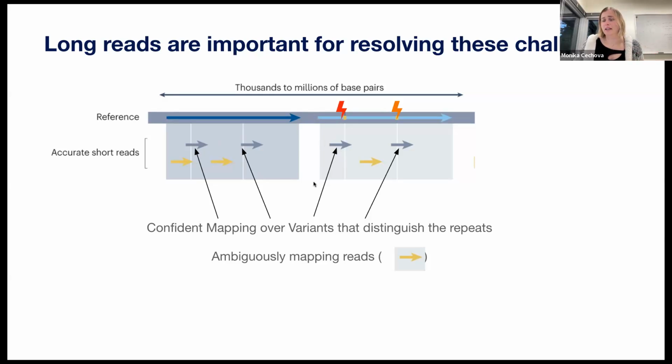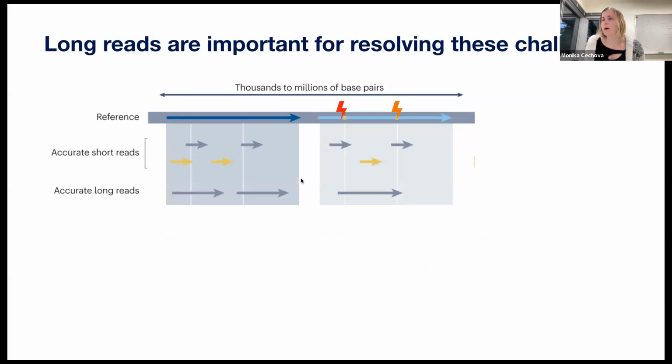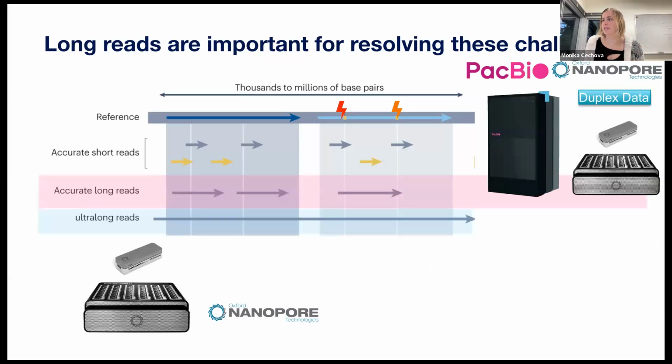If you're doing an assembly, then of course these reads won't be very useful. But luckily, if we have accurate long reads, we can span that, and the ambiguity is no longer there. The longer the reads, the easier it is to span these regions. In terms of accurate long reads, as Eva mentioned, we have a choice of HiFi reads, or we can use duplex reads from ONT, and we will anchor those reads correctly.